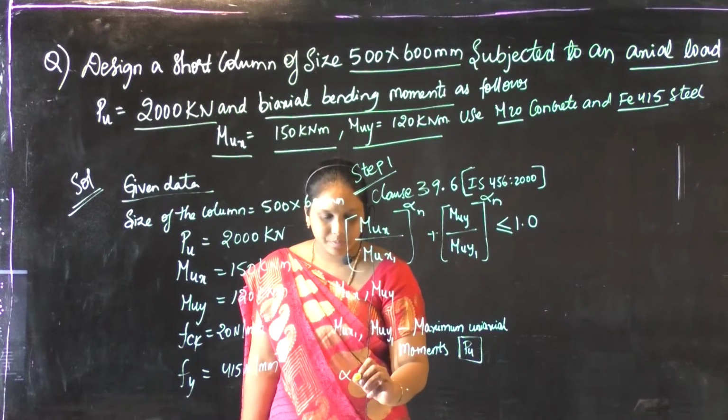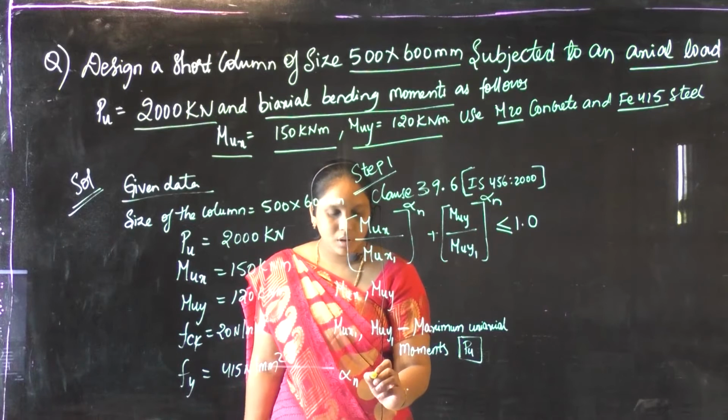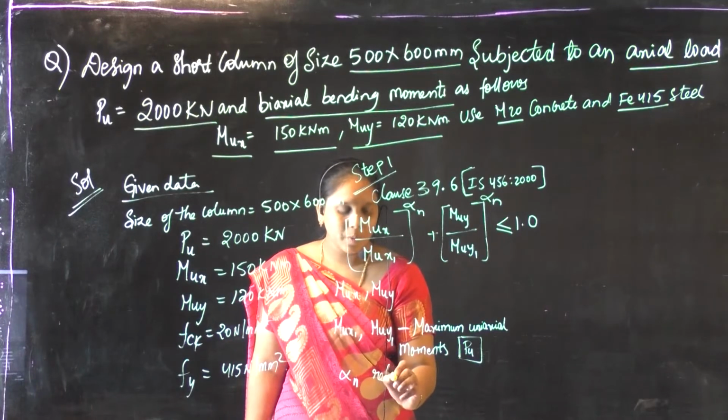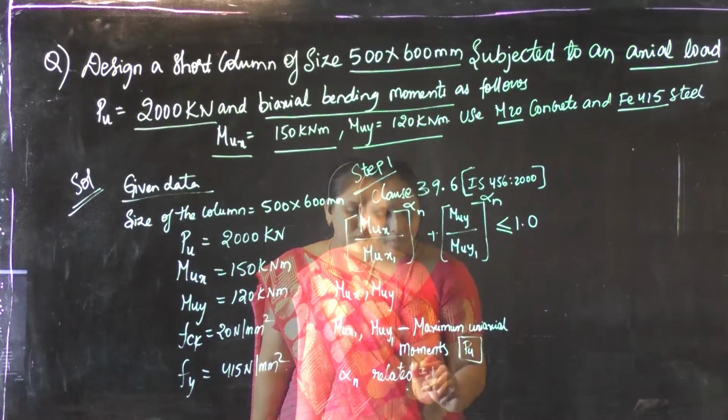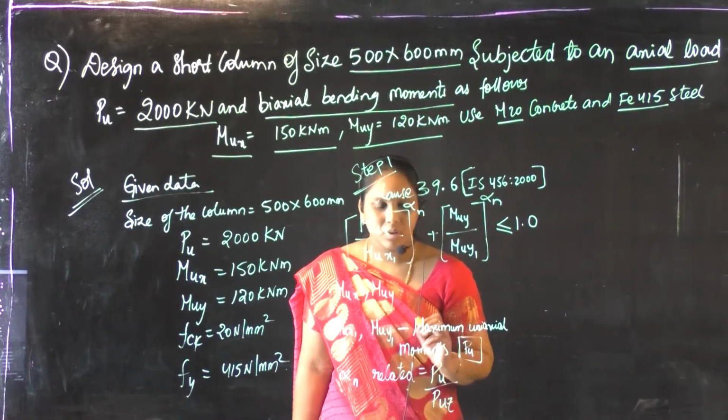Now what is alpha n? Alpha n is to be related to PU by PUZ.